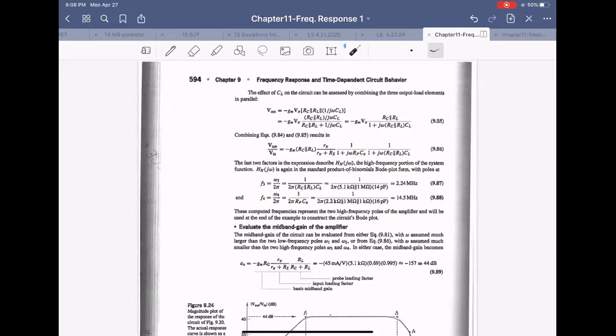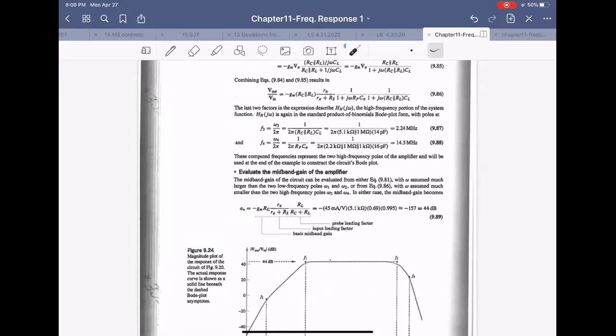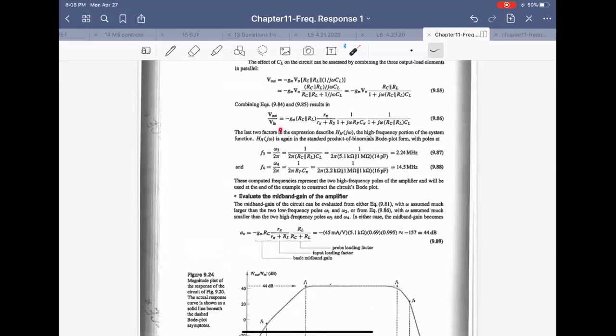So overall, the midband gain is this guy. As shown here, GM RC is just the BJT midband gain. This is the input side because of R sub S, and this is the output side because of RL, RC and RL like that.